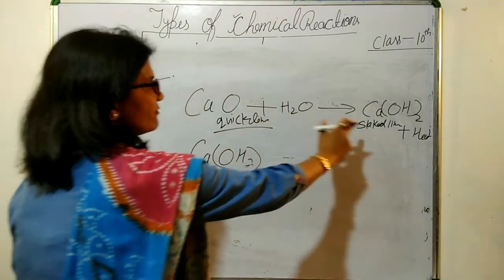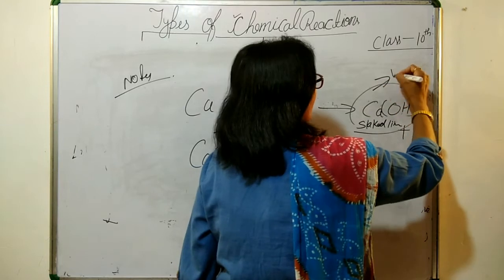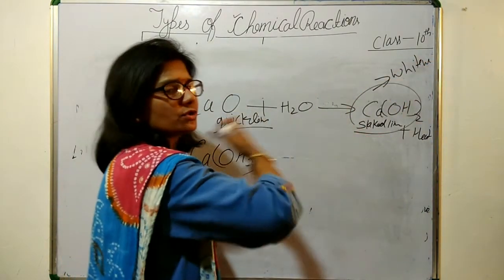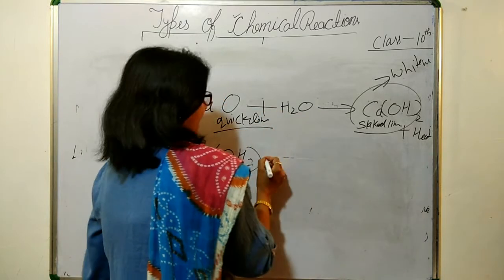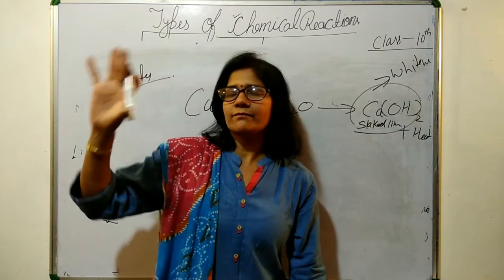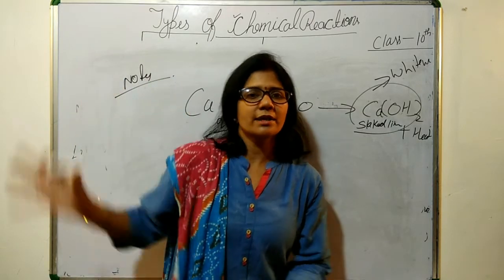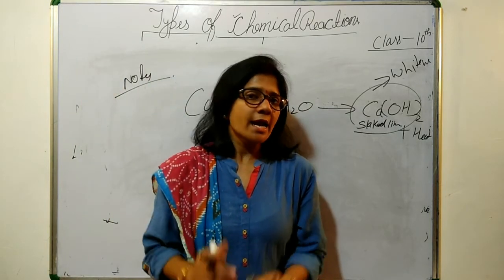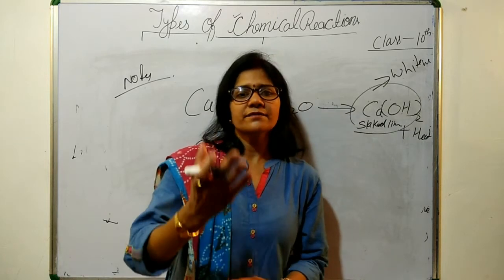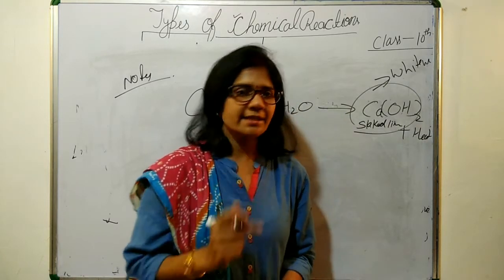An important thing is that we use it in whitewash. We paint the walls, and not on the same day, but after 1 or 2 days, we can observe it shine. Why is it so?